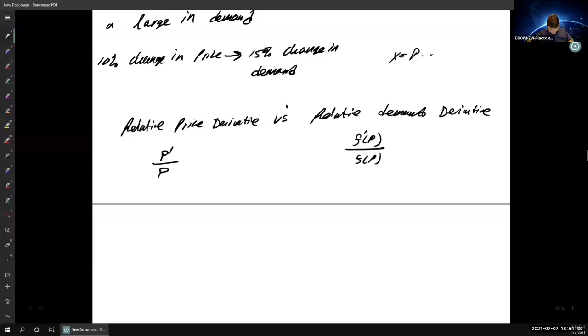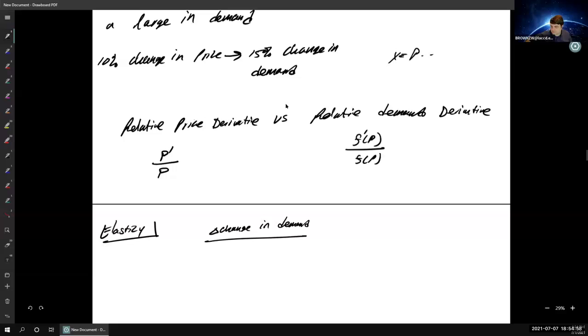Okay, so in general, what elasticity is: we're going to compare the relative change in demand to the relative change in price.